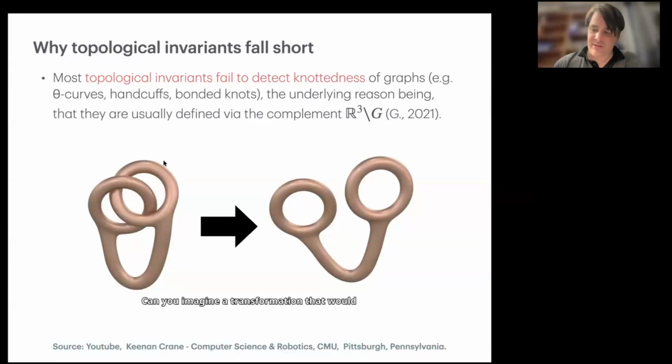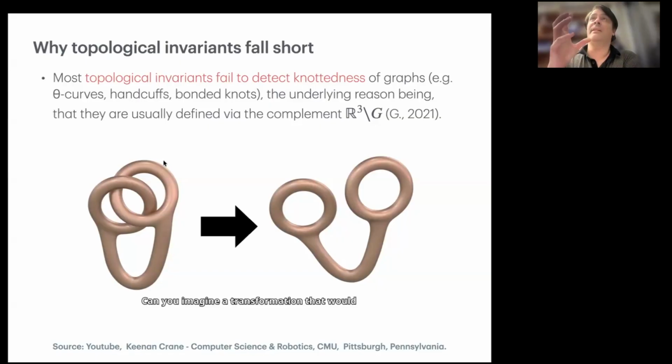And I think the underlying reason is that most topological invariants of knots depend on the complement of the knot. So really you can think about it as a thickened knot.